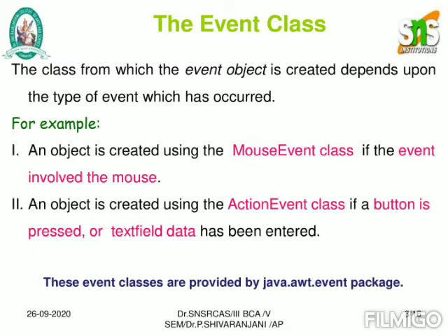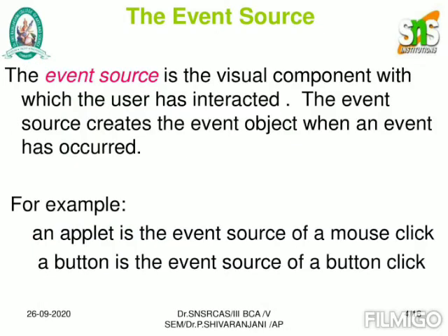Similarly, an object created using the ActionEvent class means a button was pressed, or the user entered something inside a text box or text field. These event classes are provided in a package called java.awt, so you can access these classes and enable the event handling mechanism, that is, your window events.